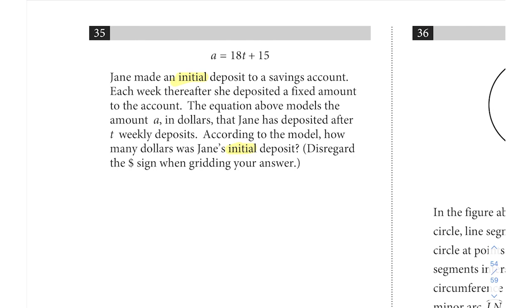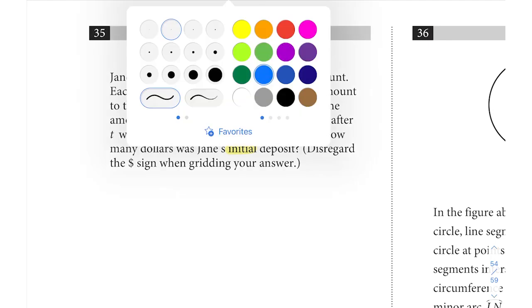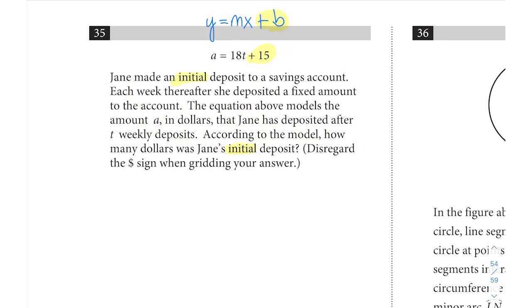This is something that I try to stress because it shows up so commonly. When you have an equation that is a version of slope-intercept form, which is y equals mx plus b, just represented with different variables, what's important to note is that the intercept, when x equals 0, is exactly what we see here.